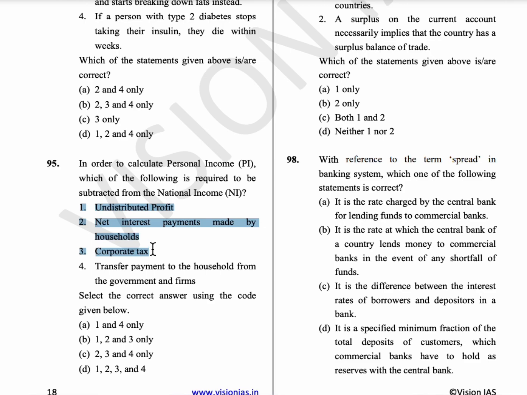All these are required to be subtracted to calculate personal income. Okay, so fourth is not included, only the above three are included, so option B.